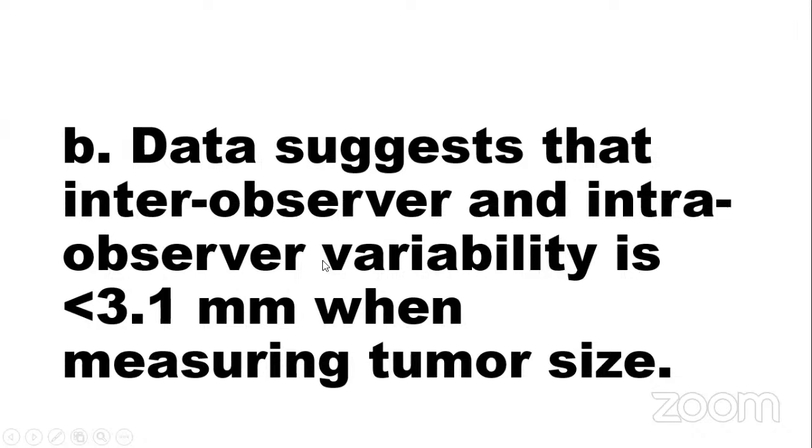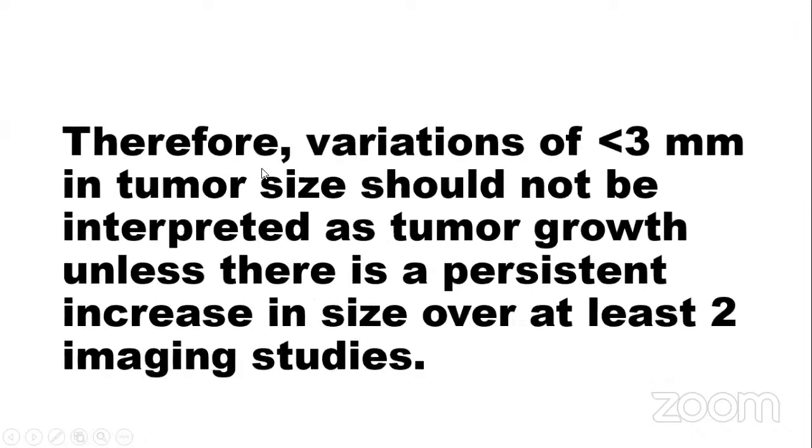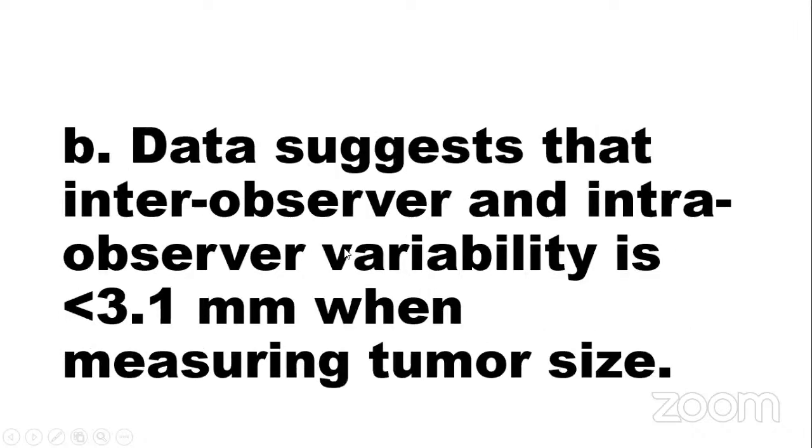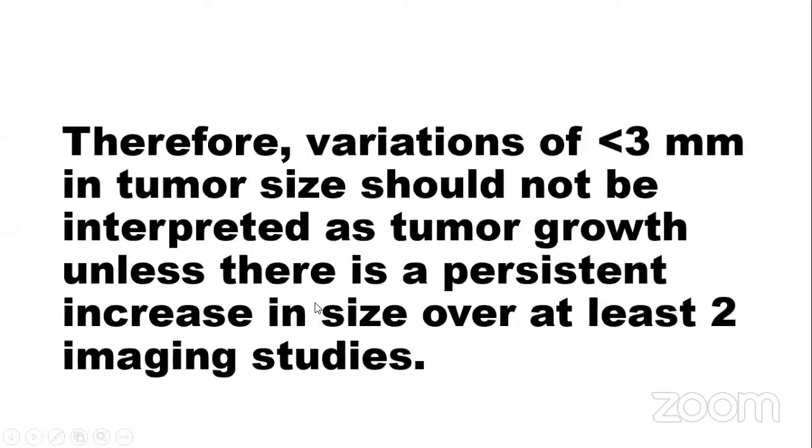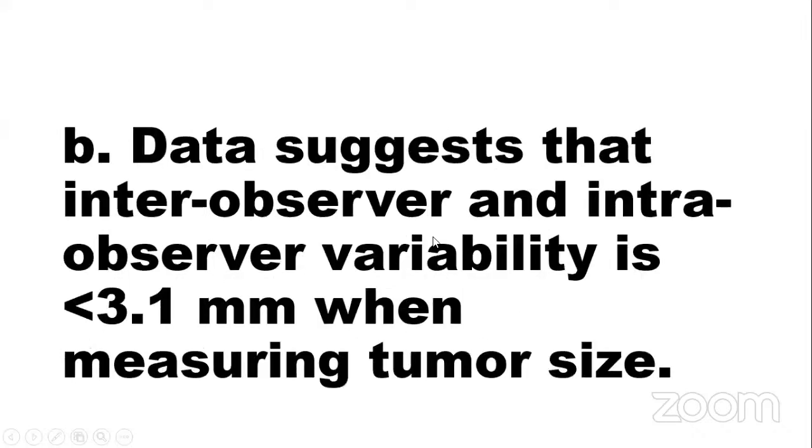Therefore, variation of less than 3 millimeters in tumor size should not be interpreted as tumor growth unless there is a persistent increase in size over 2 imaging studies. This is the usual variability when measuring tumor size.